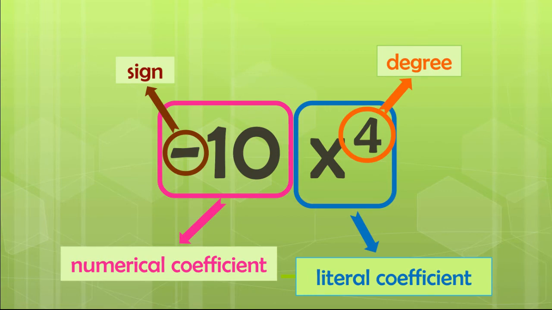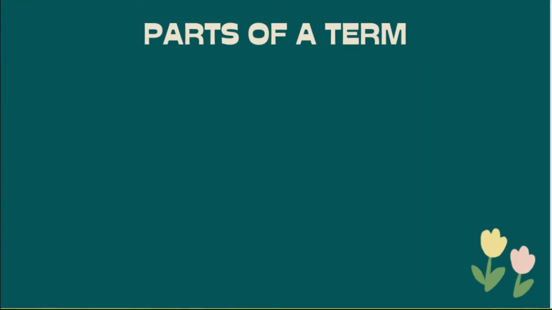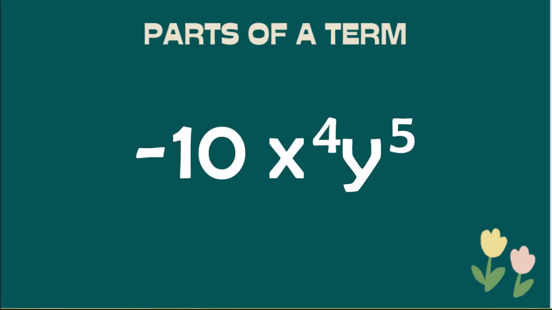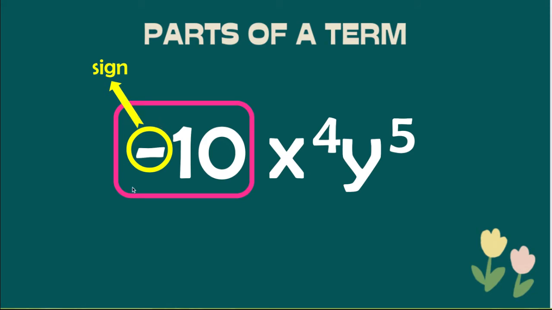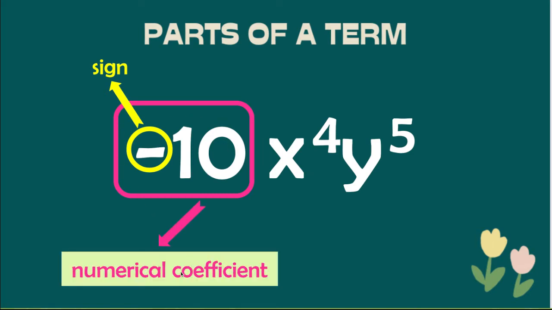Now let's have another example. Say for example, we have this term, negative 10 x to the fourth y to the fifth. Our sign here is this negative sign. And this negative 10 enclosed in this pink box is our numerical coefficient.